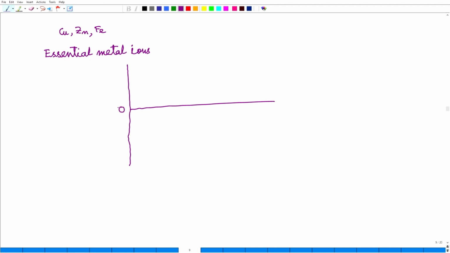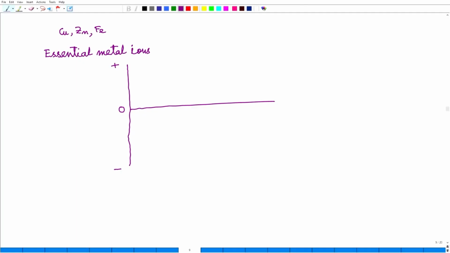This is 0, this is minus, and this is plus. Minus means bad, plus means good, in the physiological sense for an essential metal. And this curve goes like this.